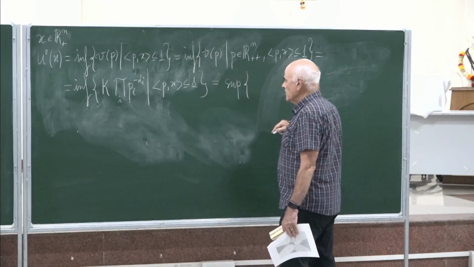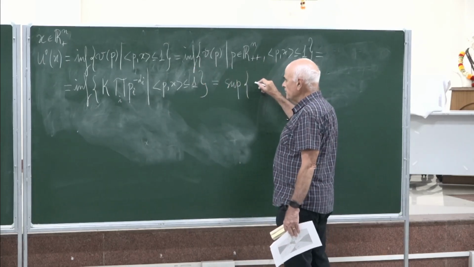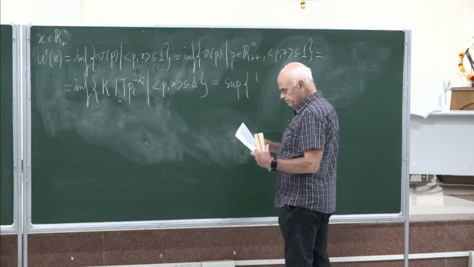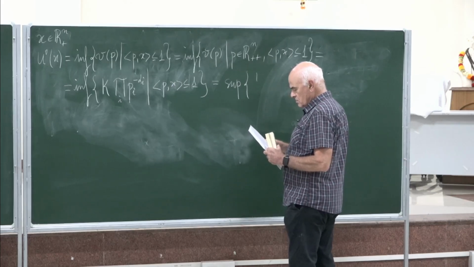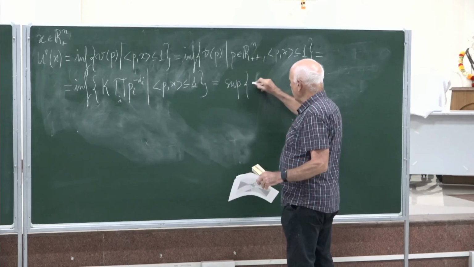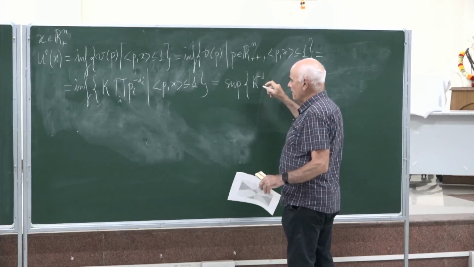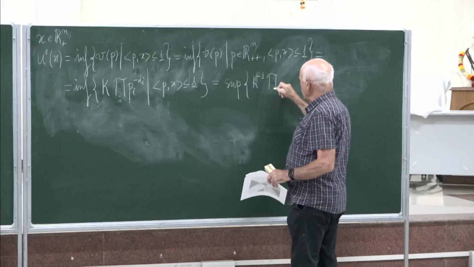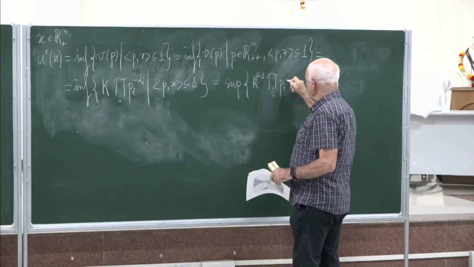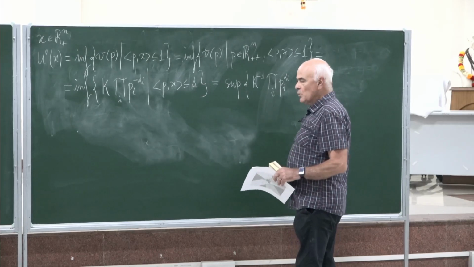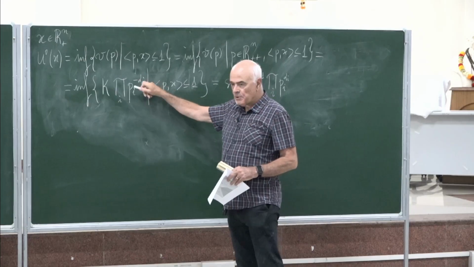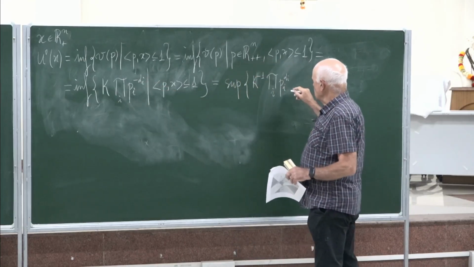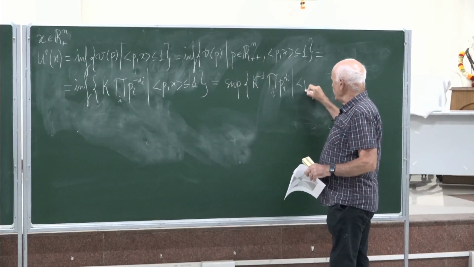So it would be 1 over k times the product of pi to the power alpha i, because it's the reciprocal now, subject to this constraint.